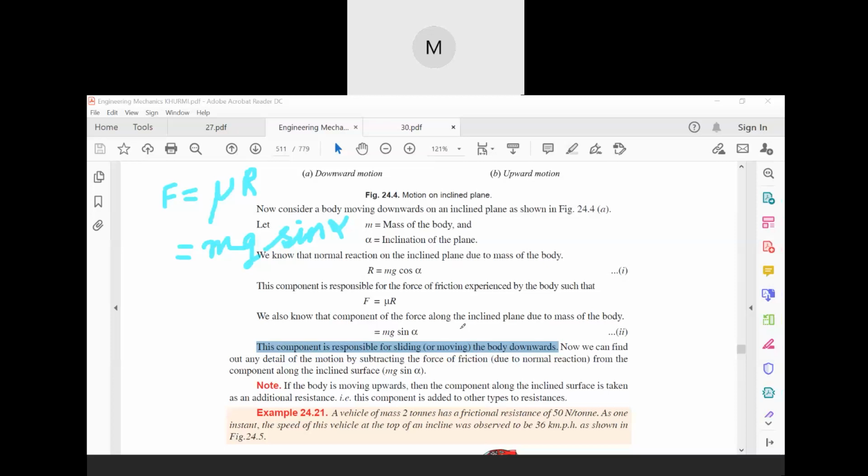So this is how it is being written down. So these are how the two components are taken.